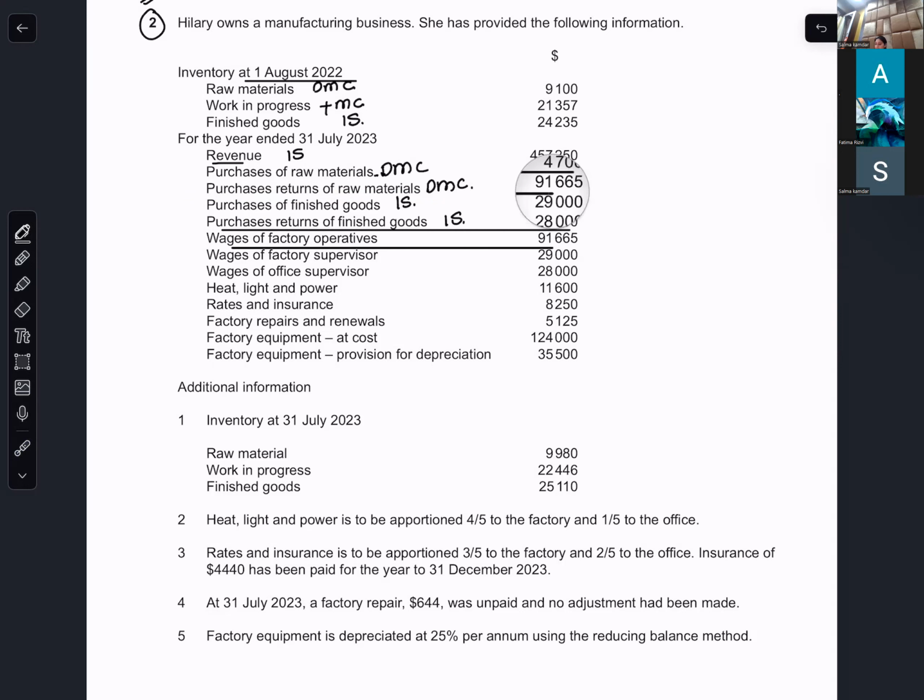Wages of factory operatives. Is it direct labor? Wages of factory supervisor, it's factory overheads.